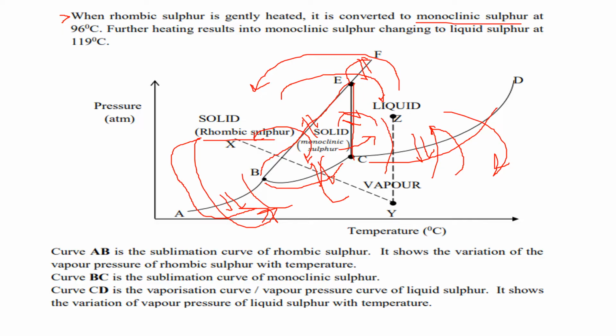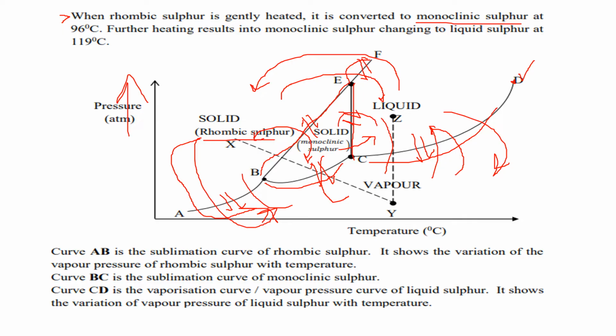So point D, since it's at the extreme end, is going to be our critical point. And we say the critical point is a point beyond which a vapor cannot be liquefied, however much pressure is increased. So pay attention to that.